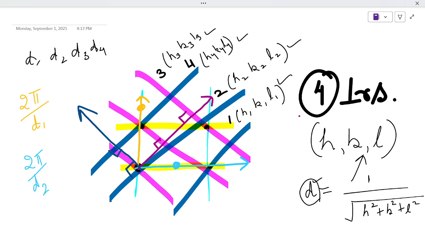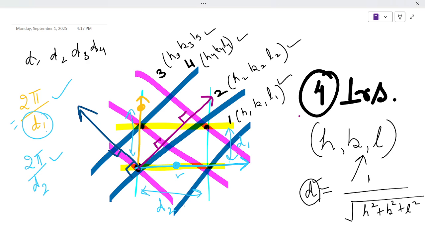Now you can easily see why I have taken this d2 as smaller and this distance as larger, because here the d1 is in the denominator. You can see this is d1 and this is d2. d1 is less than d2, so in the denominator you will get that this distance will be higher and this distance will be lower. Okay.